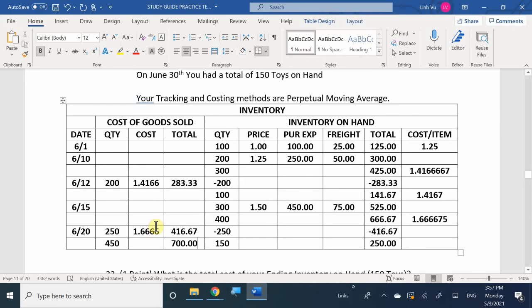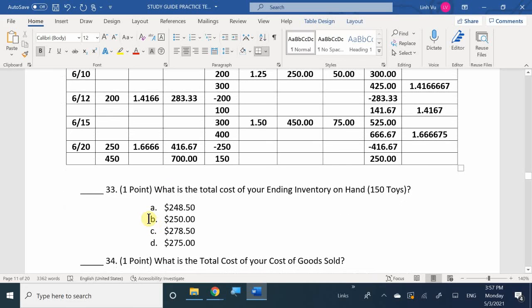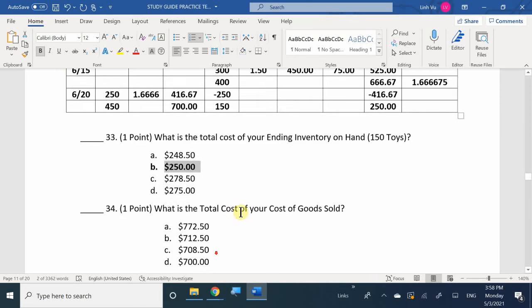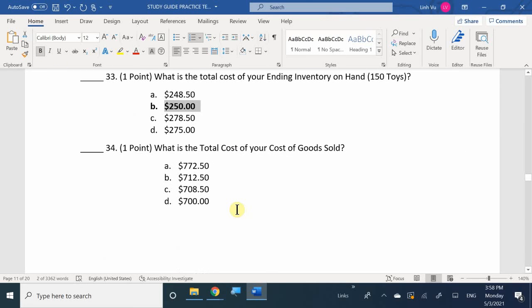Okay. So now let's go ahead and solve. What is the total cost of your ending inventory? B, 250. Okay. And then lastly, what is the total cost of your cost of goods sold? D, 700.